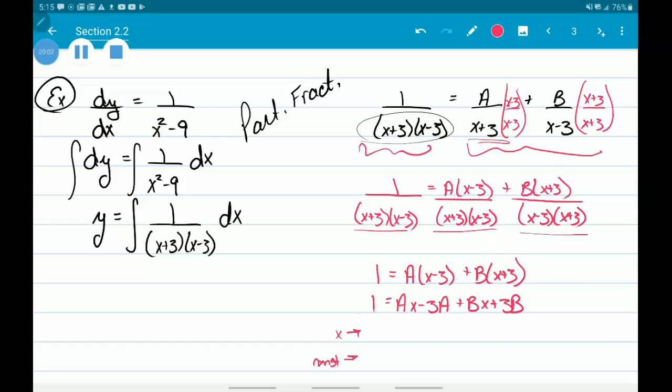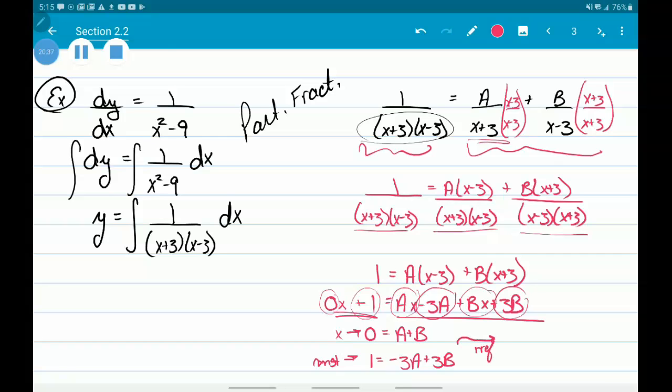Because the only way that this side can be equal to this side is if we realize that this is really a 0x here, and the x term over here, which is 0, has to equal the sum of the x terms over here, which is A plus B. And then the constants have to match up on the left and on the right, which means that that 1 has to equal negative 3A plus 3B. So we've got a system of equations.